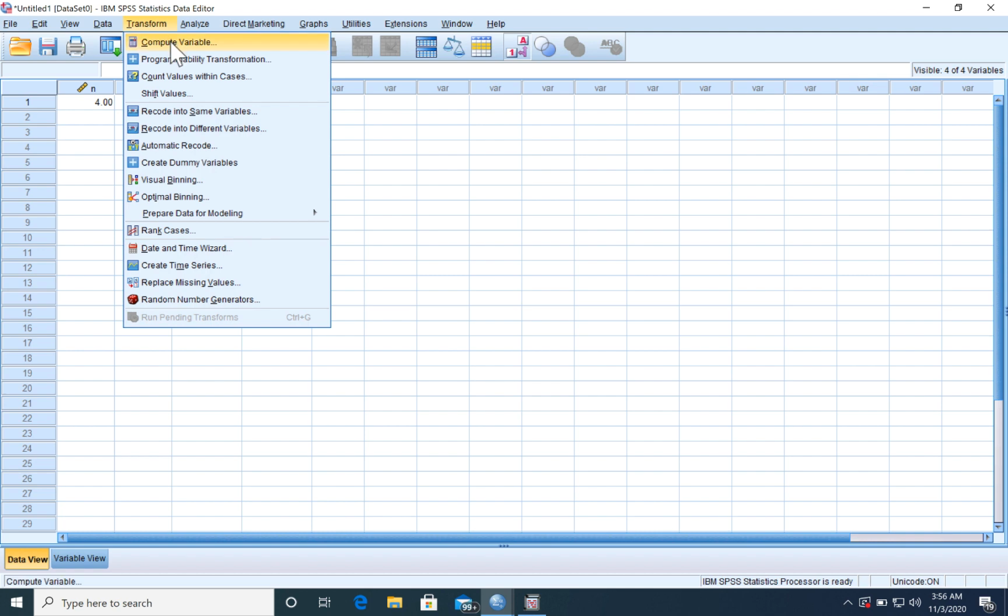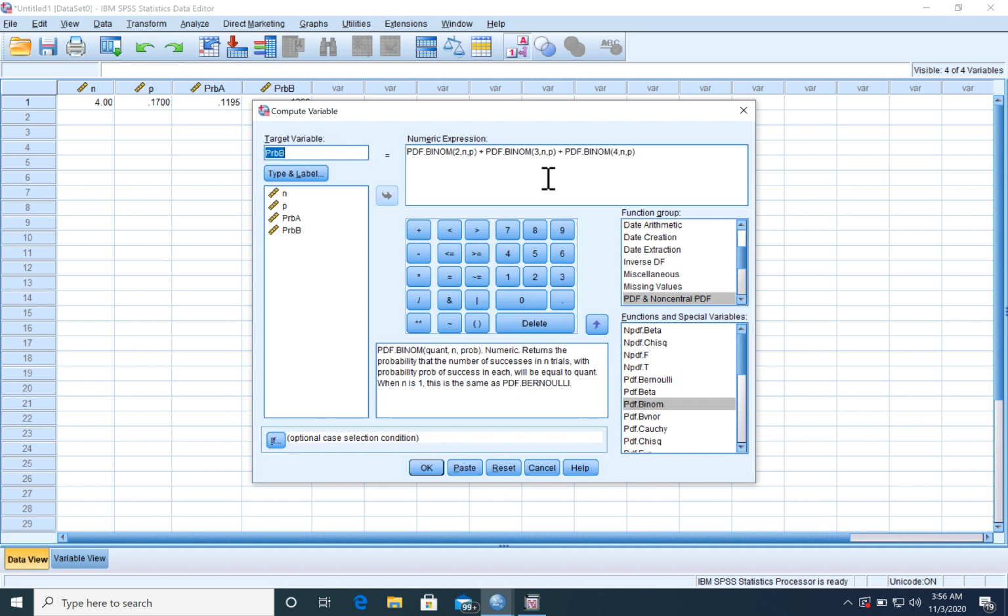Alright, let's finally do the last part. We'll do compute variable again. Let's call this probability of part C. In that part, they wanted to know the probability that fewer than 2 responded yes. So if fewer than 2 responded yes, we're just going to delete all of this.